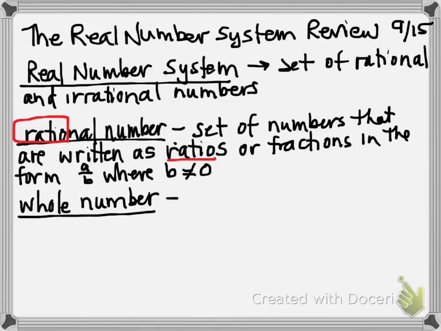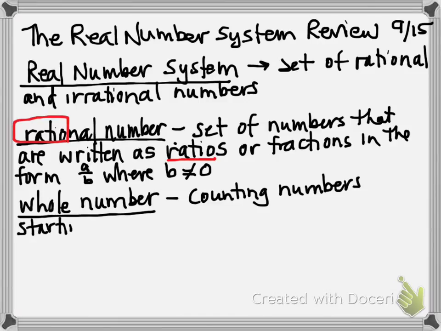This is the counting numbers, is how a lot of people refer to it, starting with 0. When you're out in PE and they ask you to count off, you're not going half, 1 whole, 1 1/2. You don't do that. 0.25, 0.5, 0.75, 1.